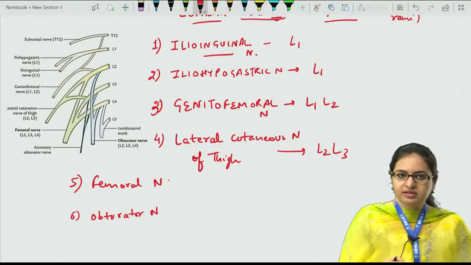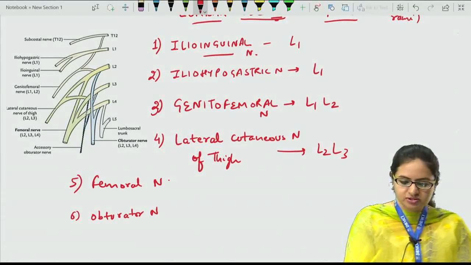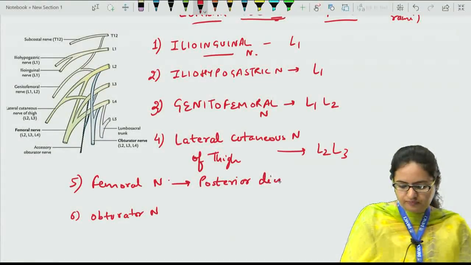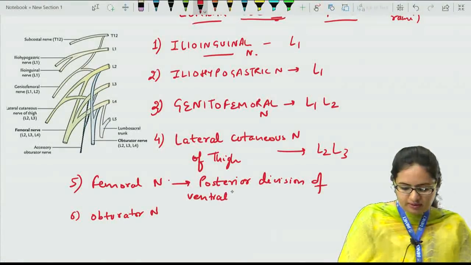Now these ventral rami further give the anterior and the posterior divisions. The femoral nerve is formed by posterior divisions of ventral rami of L2, L3 and L4.